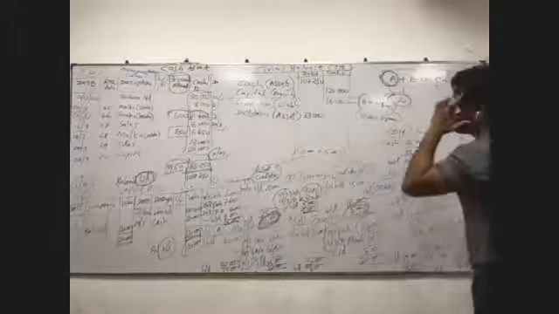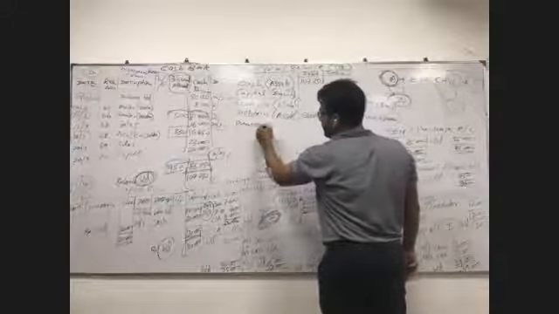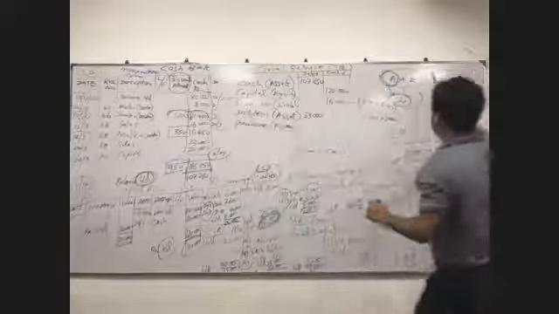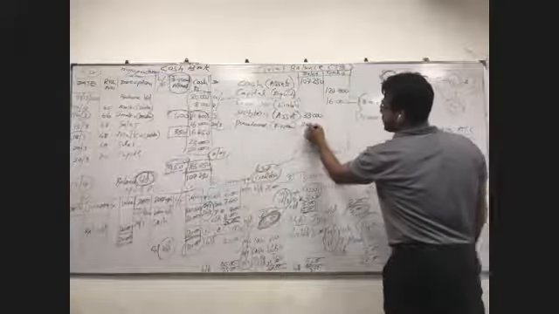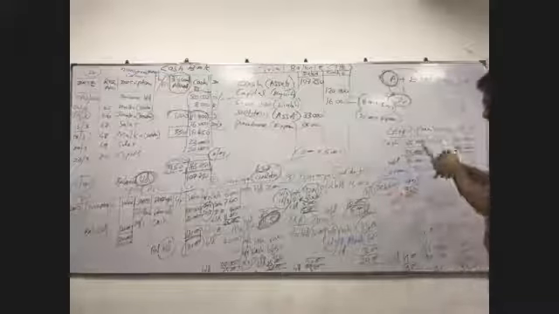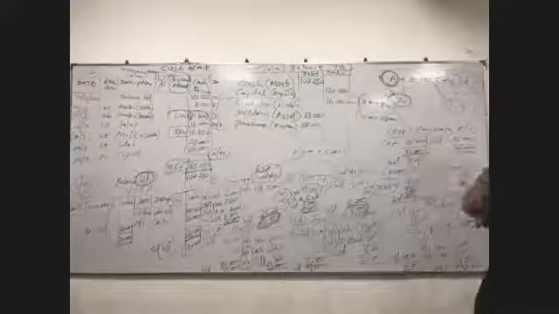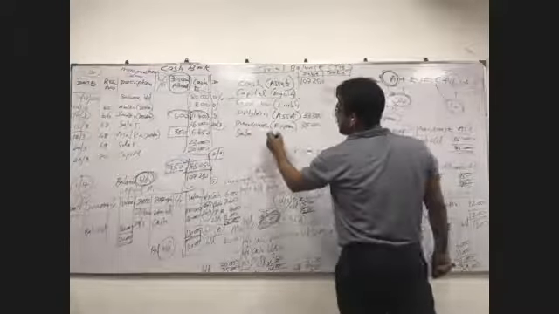Now we will write purchases and sales. Purchase is an expense. Expenses are debit. How much are purchases? 35,000, because there is only one amount. Another one, sales. Sales is an income.